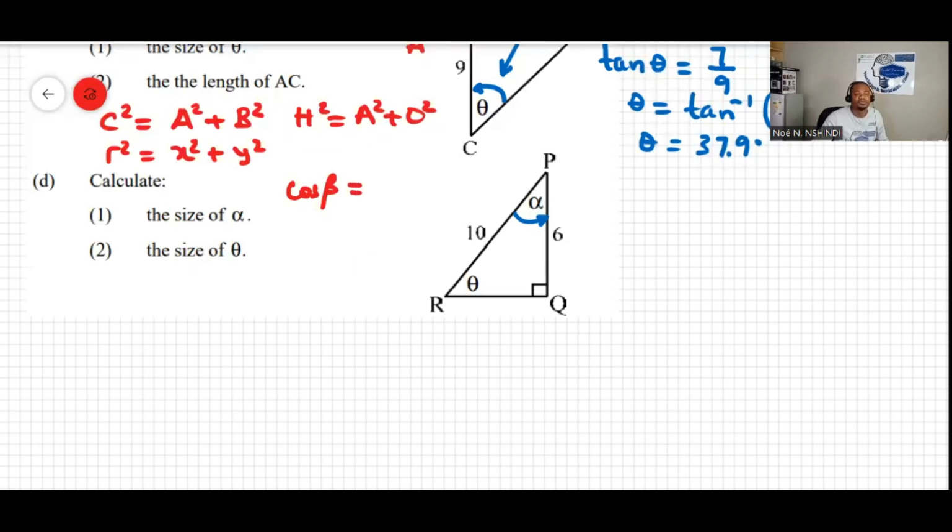Cos of beta will be equal to, this is the formula, adjacent over hypotenuse, sometimes x over r.